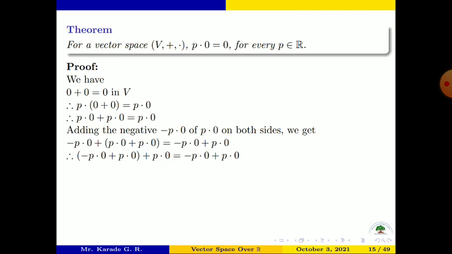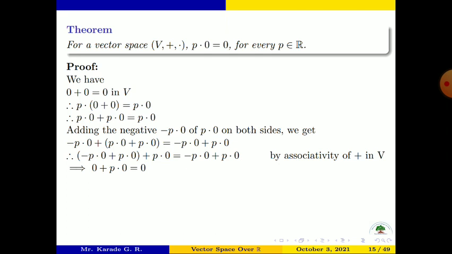And again, by using the associativity of the addition operation in a vector space, we get this statement, and the bracketed vector is minus P into 0 plus P into 0, which is nothing but 0. So 0 plus P into 0 is equal to 0.